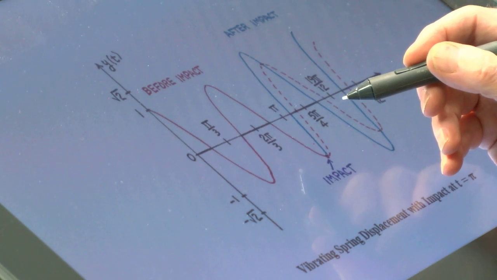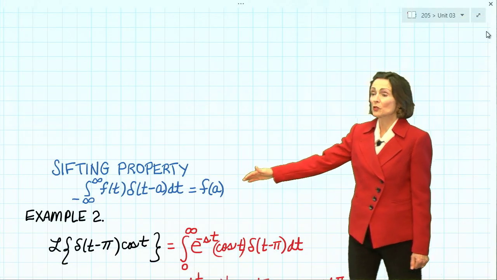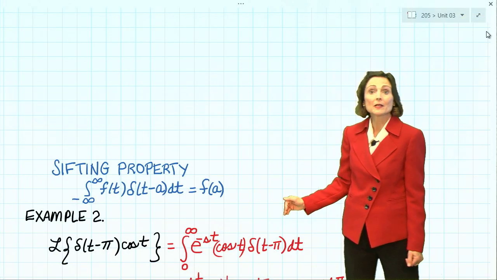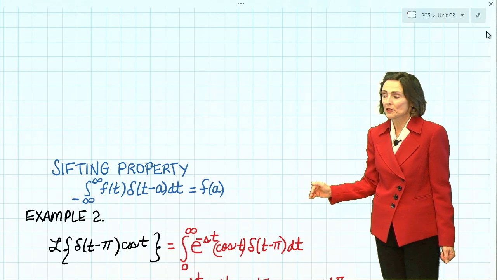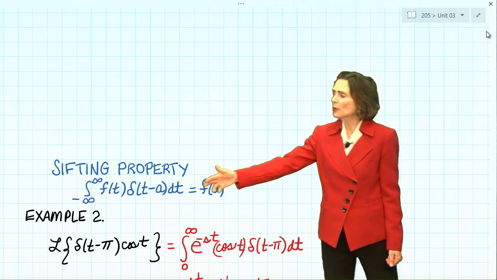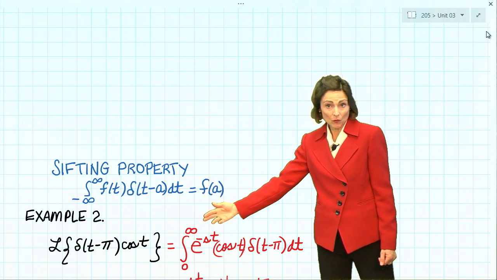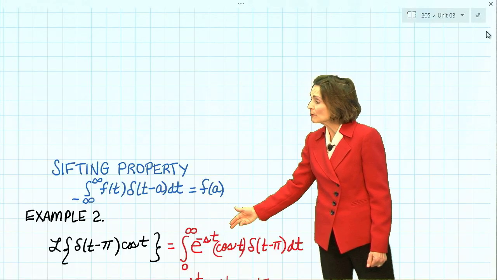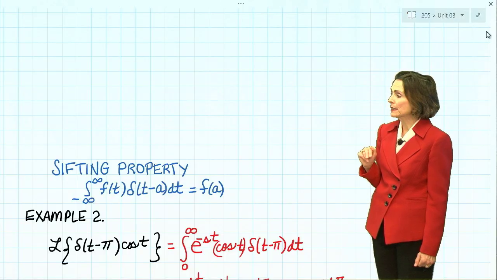Let's look at another problem involving an impulse function. We're going to use the sifting property as we look at another example of taking the Laplace transform involving a delta function. The Laplace transform of delta of t minus pi times cosine t is the integral from 0 to infinity, e to the minus st cosine t, delta of t minus pi dt.